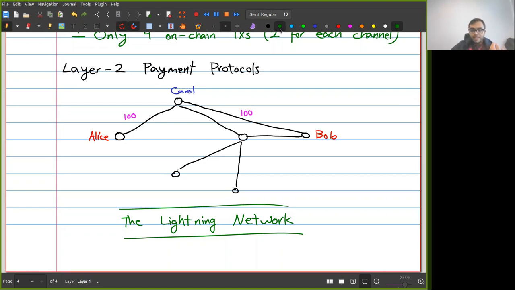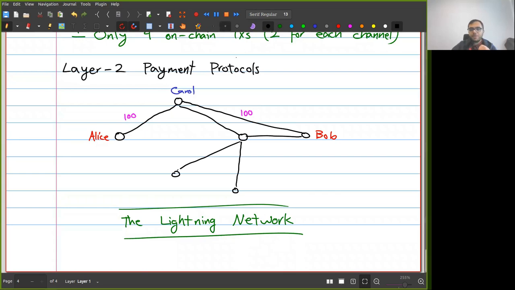But the nicer question would be, how can I do it so that I don't have to trust Carol? The idea is that Alice should be able to say, I pay Carol if and only if Carol can prove that she has paid Bob. But I'm not going to get into that. That's not really part of the topics of this course.